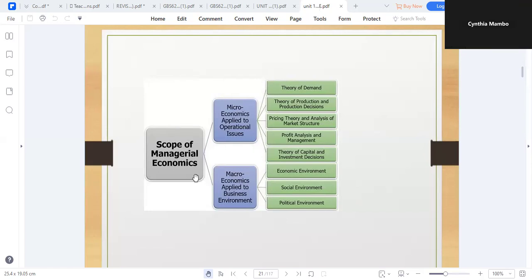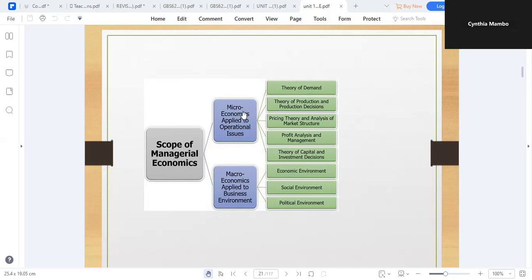So managerial economics by definition is the integration of economic theory and decision sciences to solving managerial problems optimally. When we're dealing with managerial economics, we have two key components. There's economic theory, which has both the micro and the macro economics.